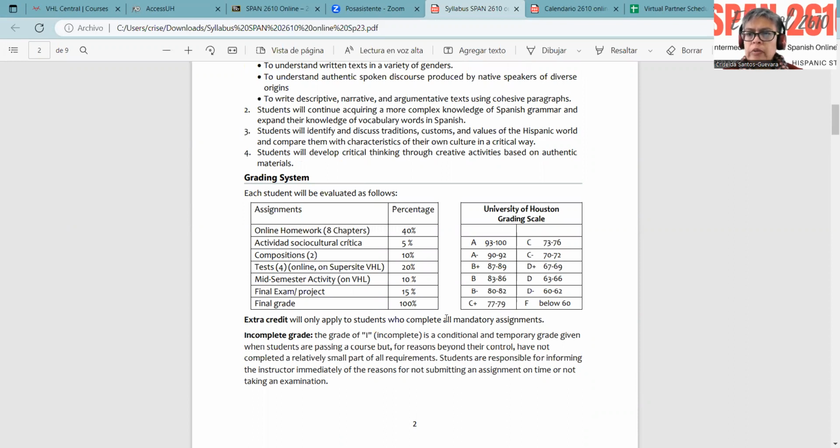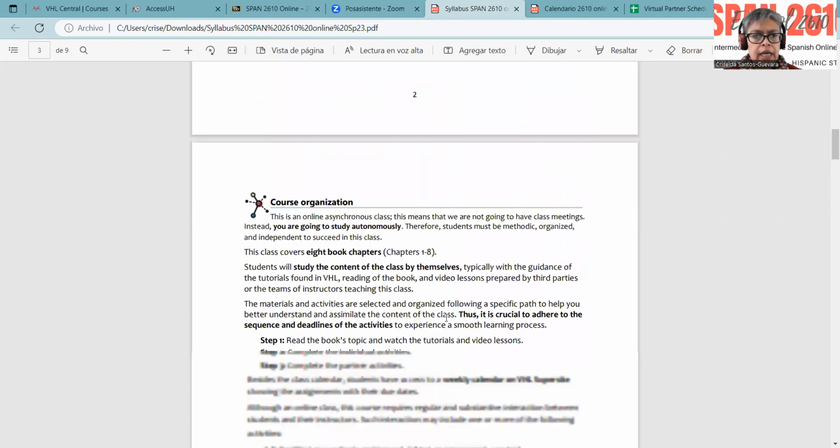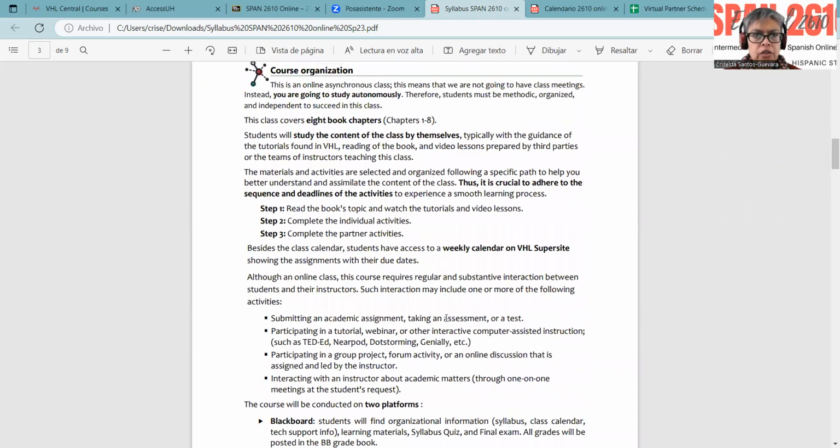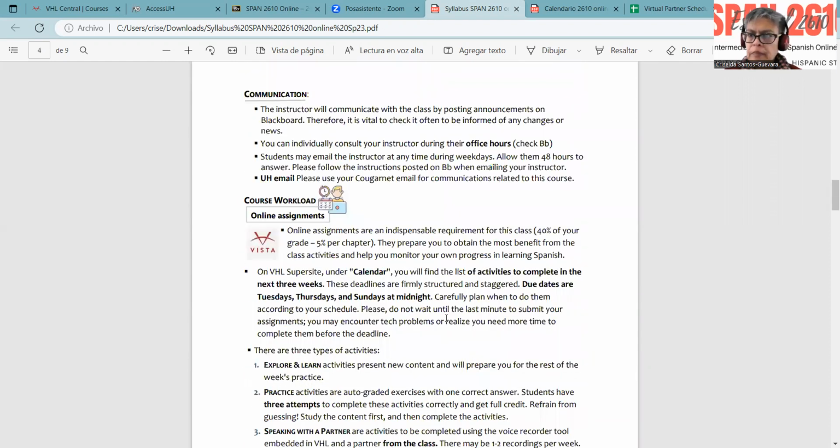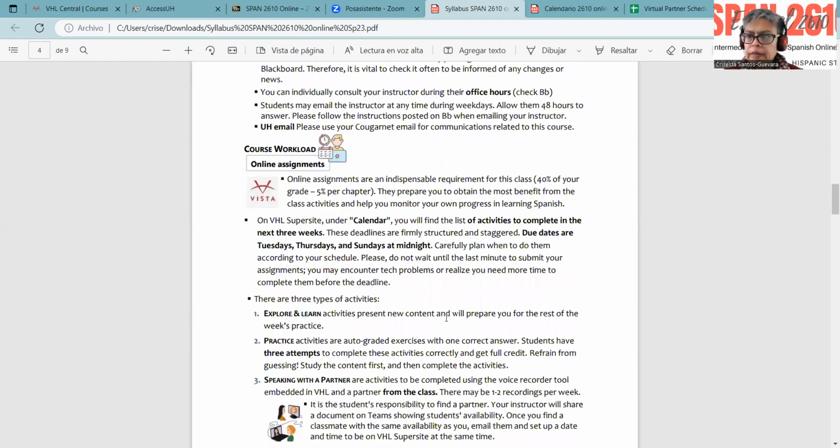Here, you will also be able to read about the organization of the course, and of course about the class policy, the delivery policies of homework.